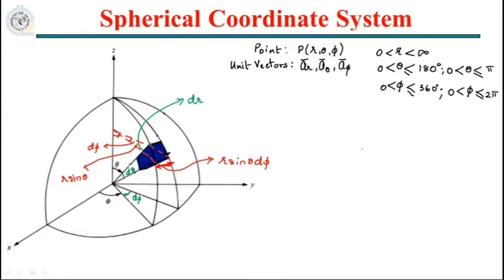So the angle made here is d theta, and so I can define this to be equal to angle into the length from the reference. So that is r d theta. So the three differential lengths are dr, r d theta and r sine theta d phi.